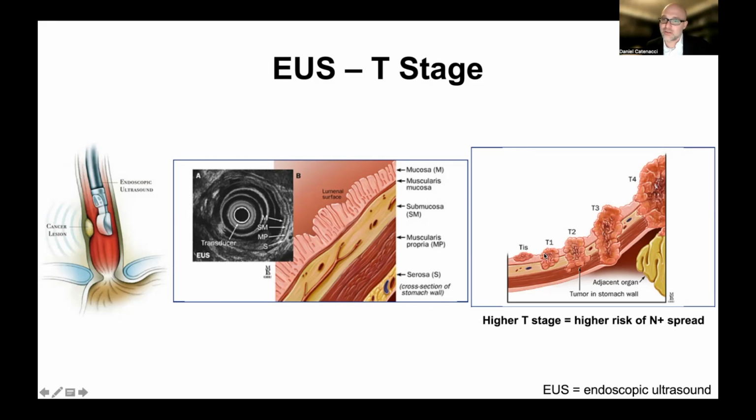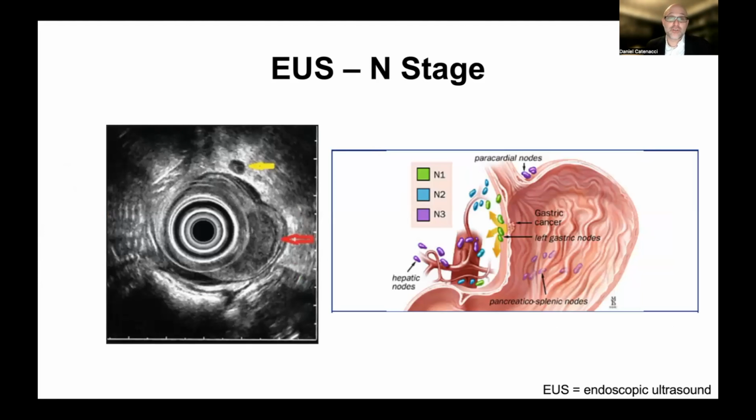So as the cancer gains the capability of spreading deeper into the wall of the stomach or the esophagus, it also has a higher chance to be able to get to regional lymph nodes and start growing there as well as to distant metastatic sites. In addition to getting a T stage from the endoscopic ultrasound, it also can help us get that N stage, the nodal stage.